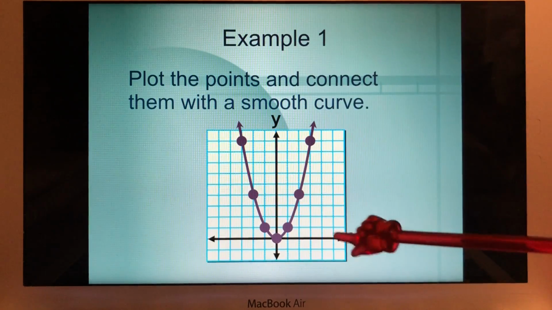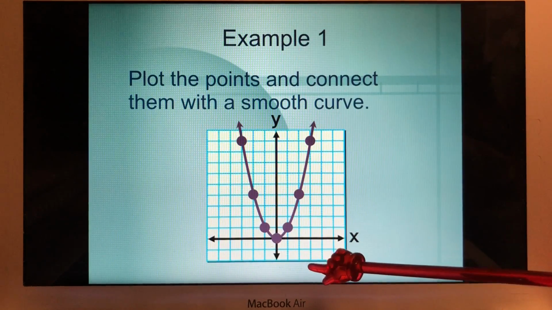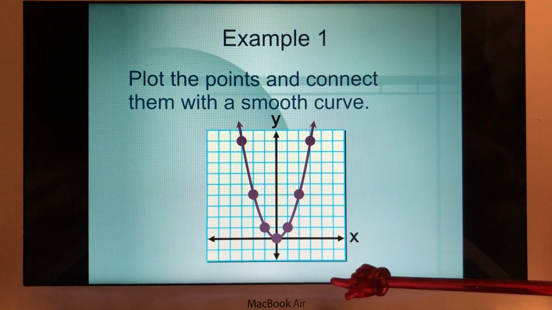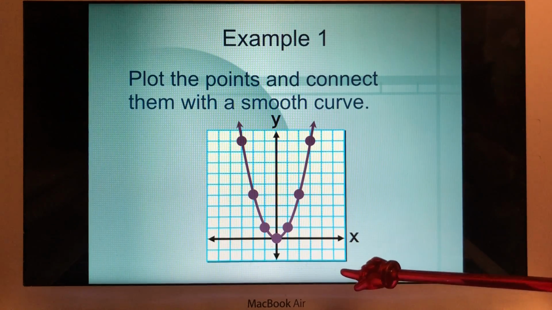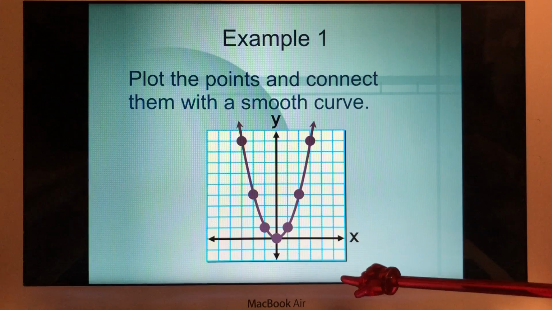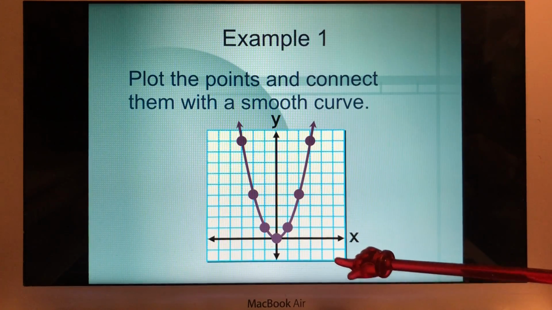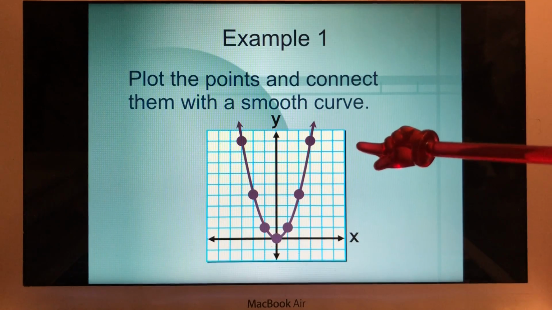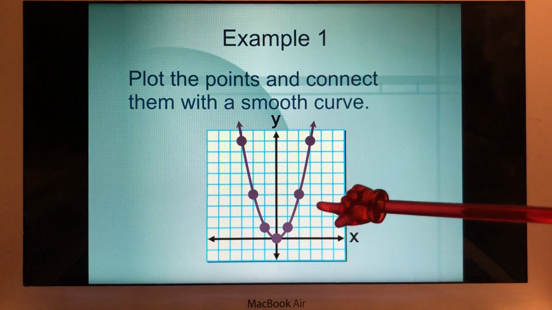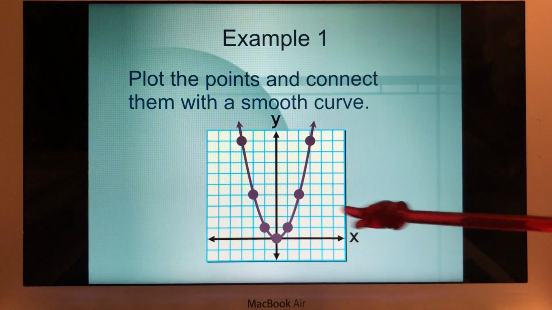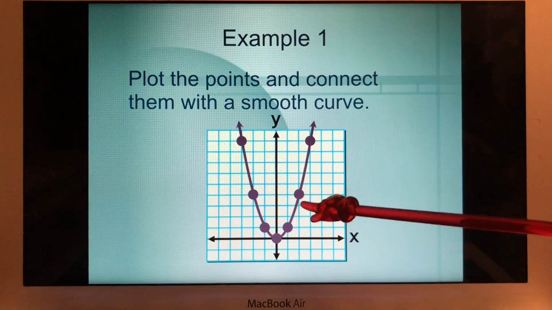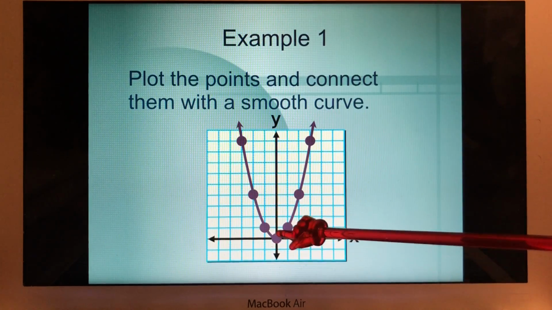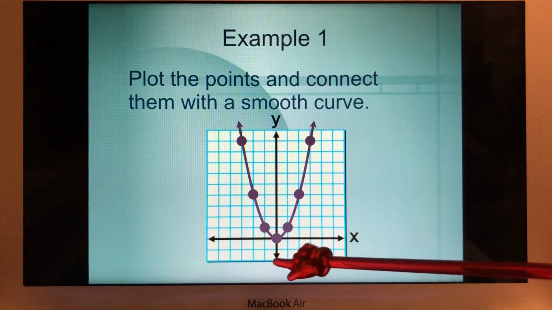The vertex of a parabola can be used to determine values such as the minimum cost or maximum height in real life applications. So let's say that this graph is going to represent the cost of a merchandise, okay? Then the vertex there would be the lowest value of that cost.